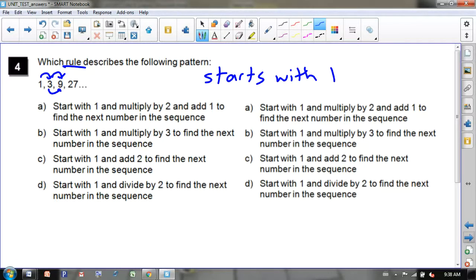So students hopefully will recognize that this is multiplication because the gap is changing each time. We're multiplying by 3 each time. If we look at all the choices here, it's answer B in version A, and in version B, start with 1 and multiply by 3 is also answer B.